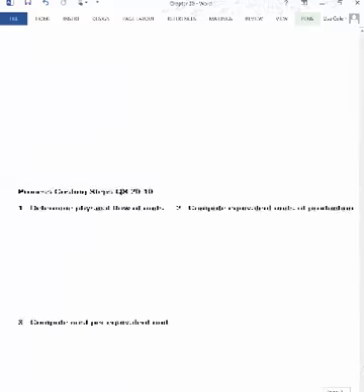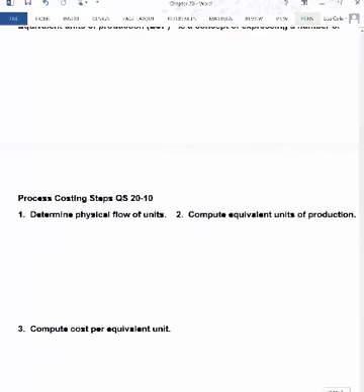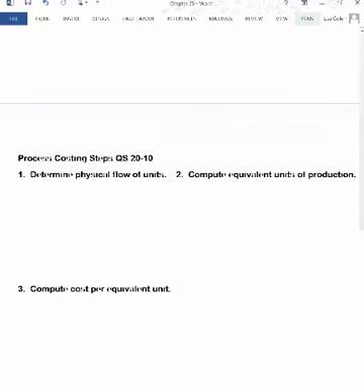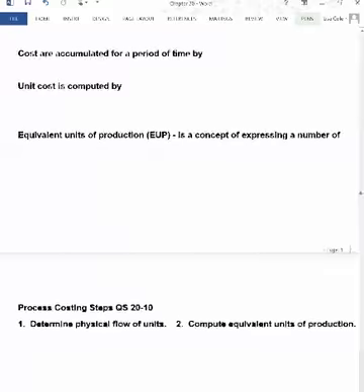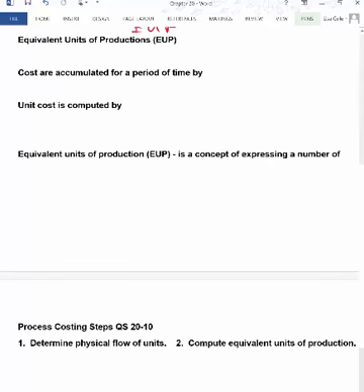We look at equivalent units of production. Our costs are accumulated for a period of time by a process or department. So we're accumulating those costs as they flow through a process or a department.